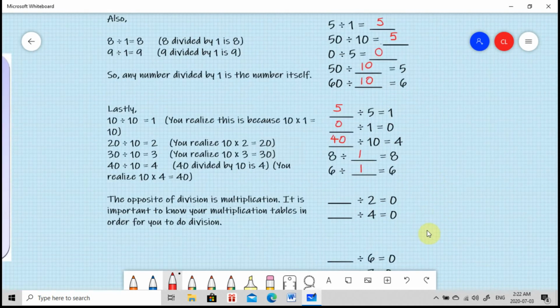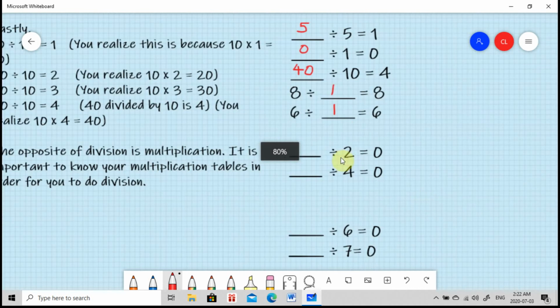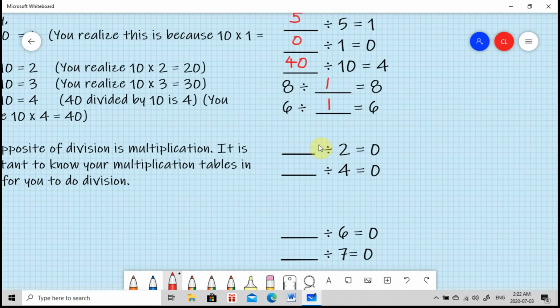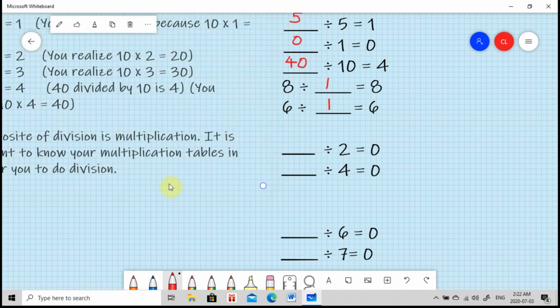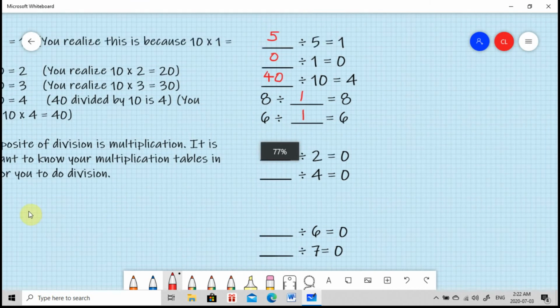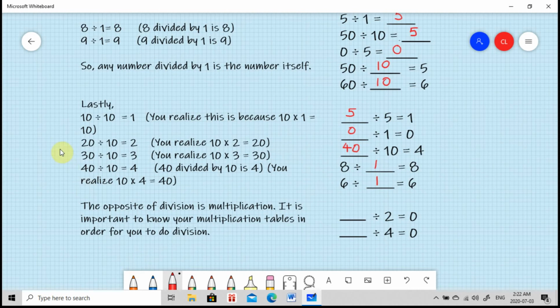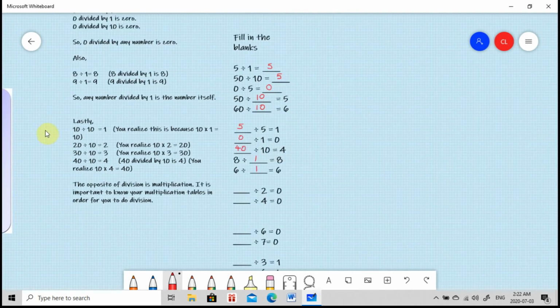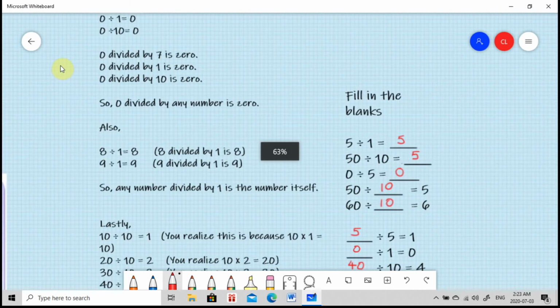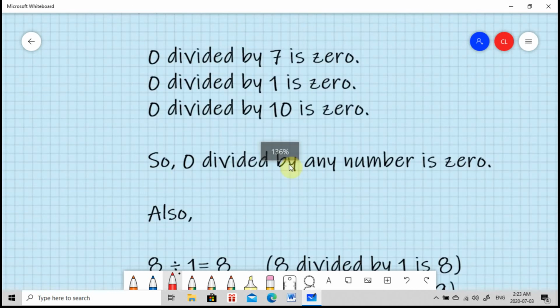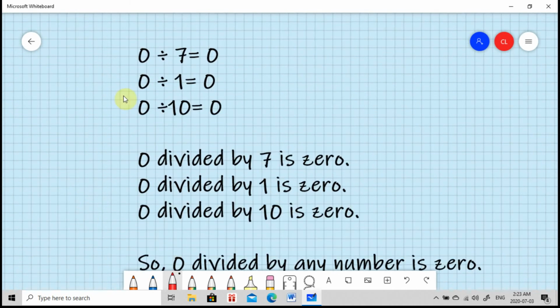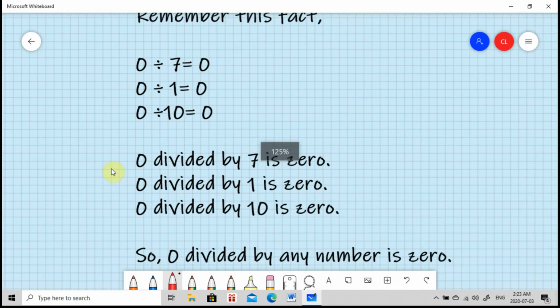Okay, let's go on to the last few questions we have. So what is the answer for this one? Look here: 0 divided by any number is 0. Remember this.